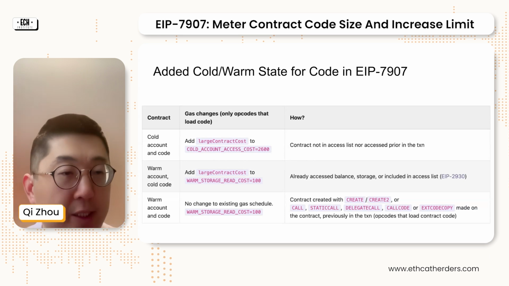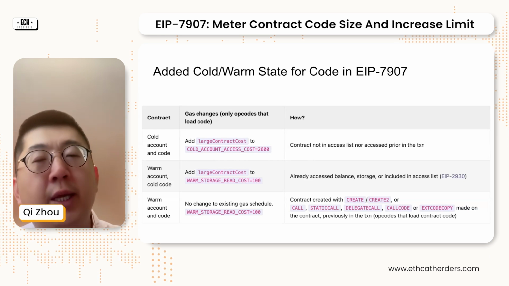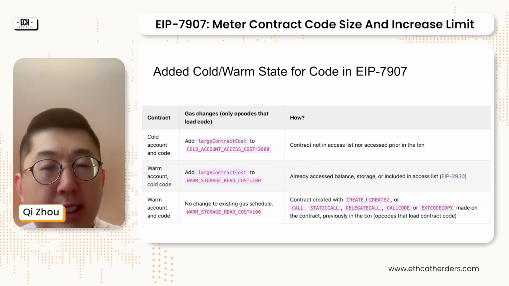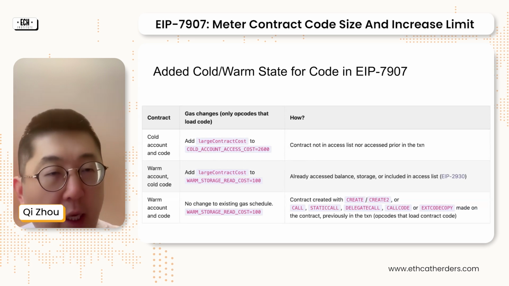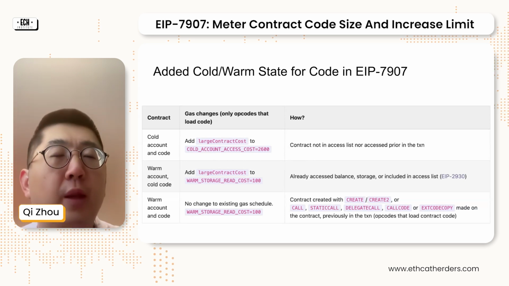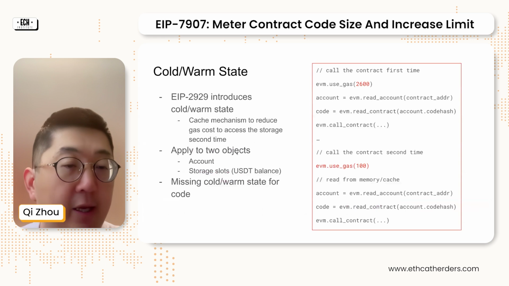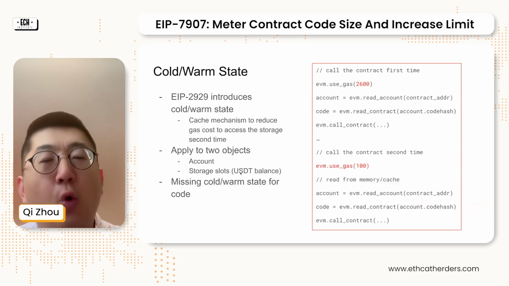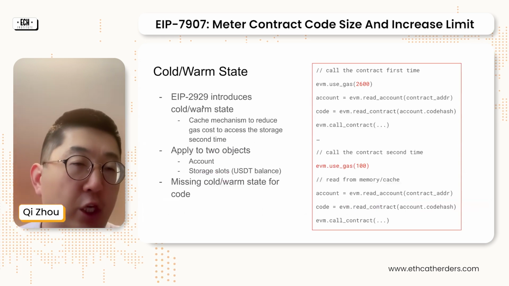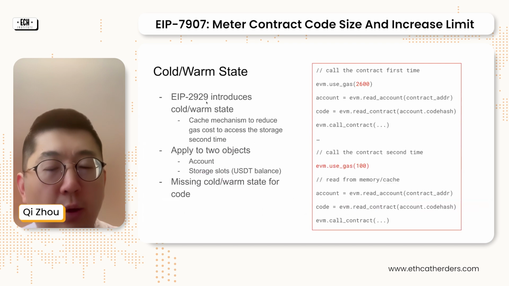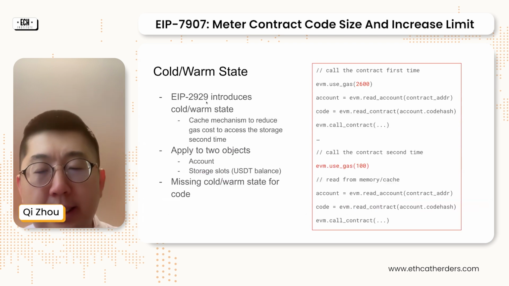And one thing we notice is that in EIP-2930, there's the transaction-level access list, which allows pre-warming corresponding objects, that is accounts and storage slots, before executing the transaction. That came just after 2929, so it's called the transaction-level access list.